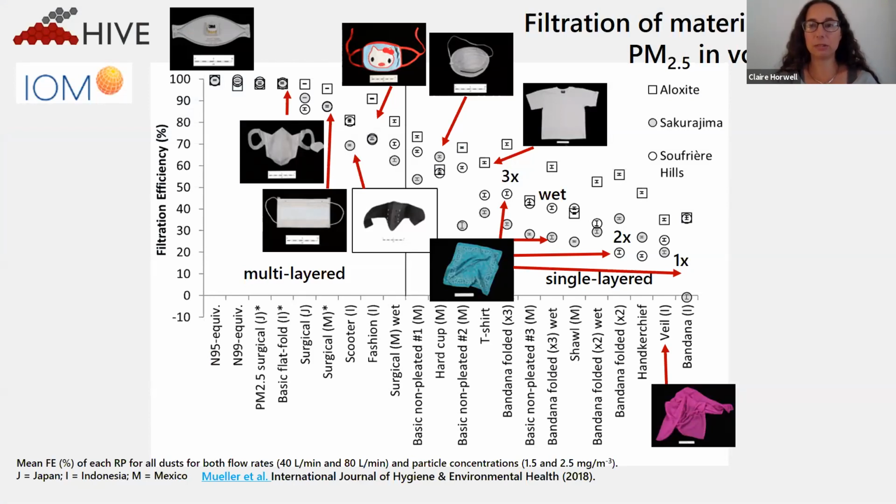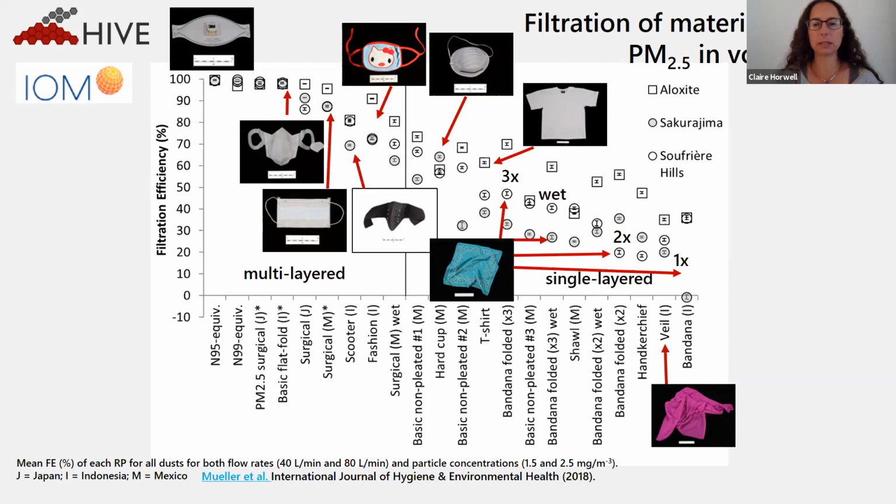This rather messy graph shows filtration efficiency of a range of different materials used by communities around the world in volcanic eruptions. In the lab, we measured the filtration efficiency against PM2.5 particles in 2 types of volcanic ash, and also aloxite, which was an analog dust that we used when we were next going to expose our volunteers.